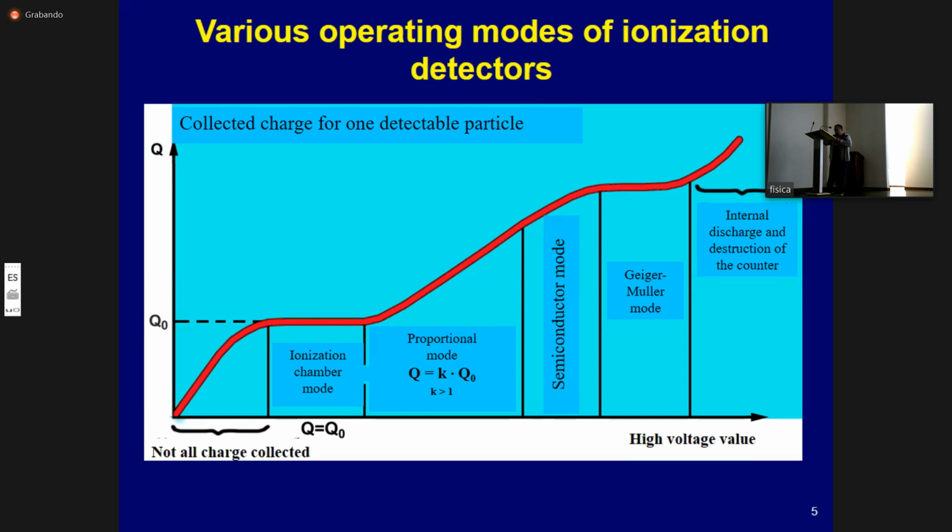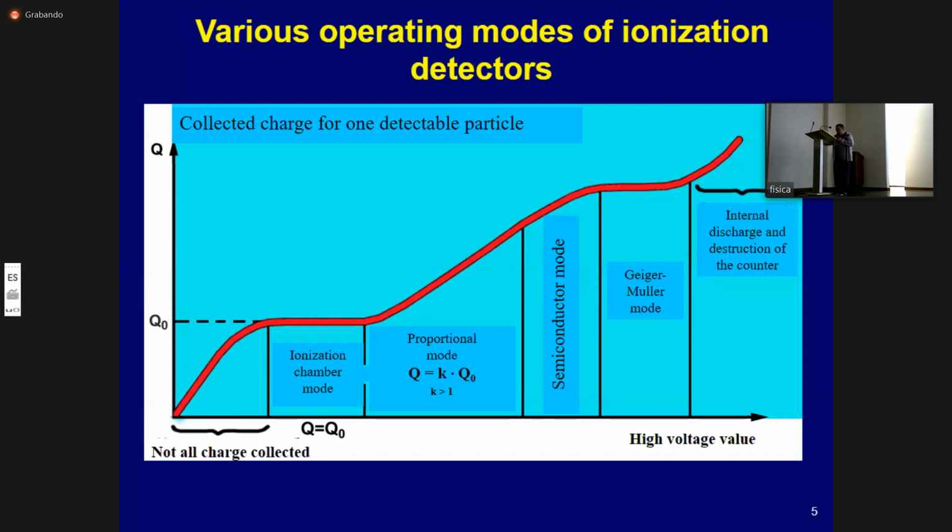The most significant difference between a gas discharge counter and an ionization chamber is the value of the field strength between the electrodes, on which the charge amplification coefficient K depends. This coefficient is numerically equal to the ratio of the number of ions that arrive at the collecting electrode to the total number of initially formed ions.